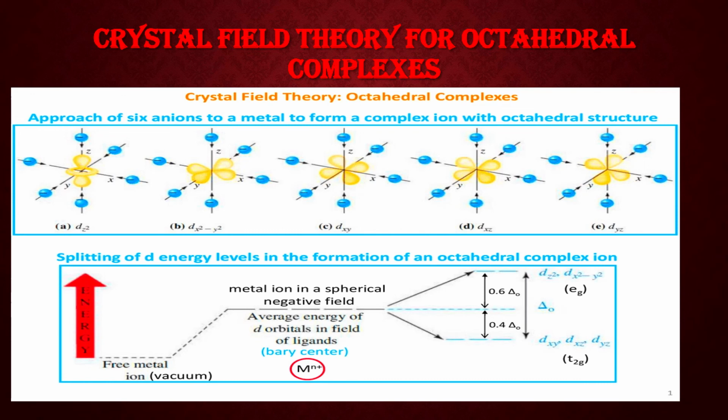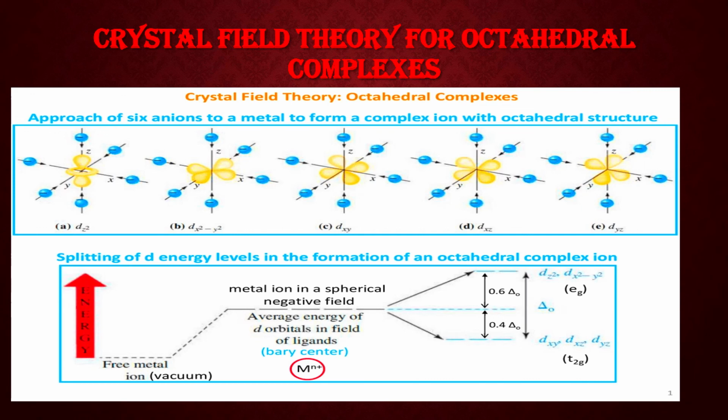That means in the first two d orbitals, dz square and dx square minus y square, the lobes are present on the axes, and in the rest three orbitals the lobes are present in between the axes. Now because we are talking about octahedral complexes, the geometry is octahedral and ligands approach along the axes. You can see the ligands as blue colored negative ions.